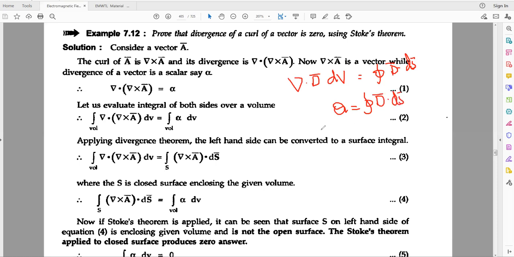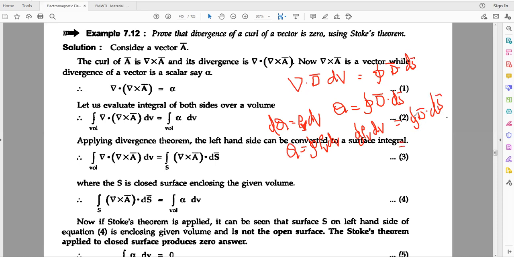What is Q equal to? dQ is equal to rho s into ds, or rho v into dv. Let us take here rho v into dv. Q is equal to integral rho v dv. So integral rho v dv is equal to integral D bar dot ds.